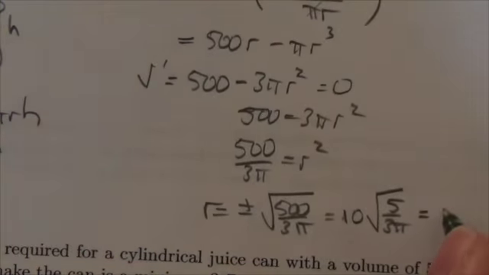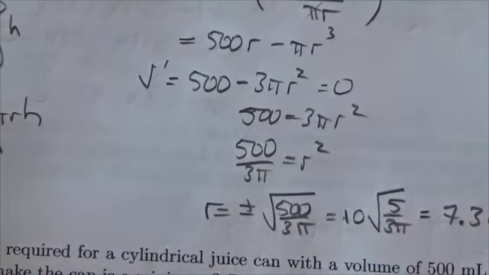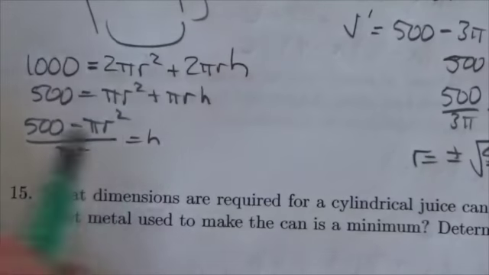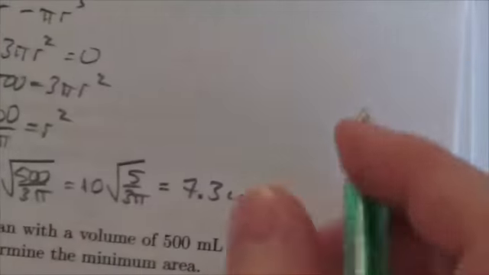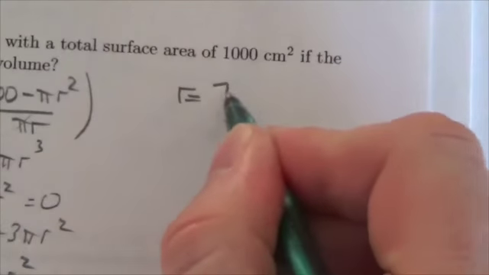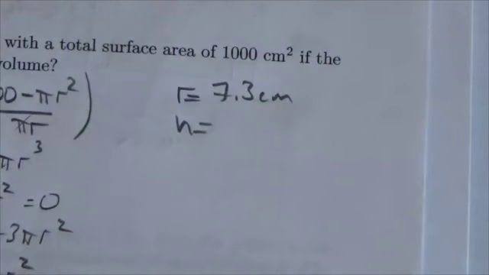And I'm getting that this is roughly 7.3 centimeters. And if I plug that back in for h, maybe I'll come up here because I've got more room. So we just discovered that r is 7.3 centimeters.